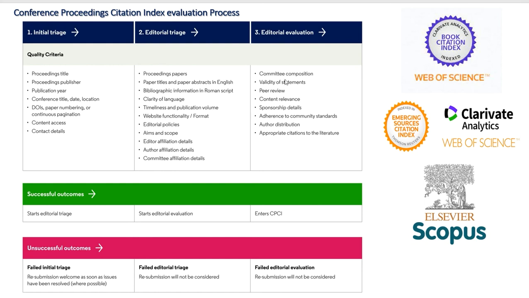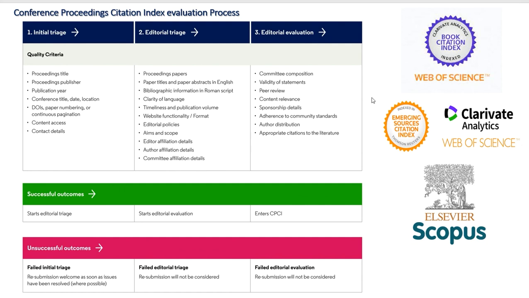Next, editorial evaluation. After the editorial stage, finally go to the editorial evaluation. Based on the editorial evaluation, committee composition and validation statements are verified, then sponsoring details, funding resources, and whether the peer review process is good or not, any manipulations done, registration complete or not, proofreading complete or not, affiliation complete or not, and whether distribution is disturbed or not.